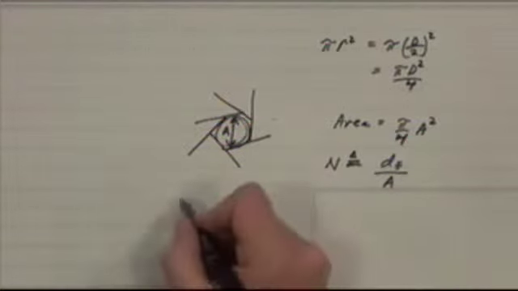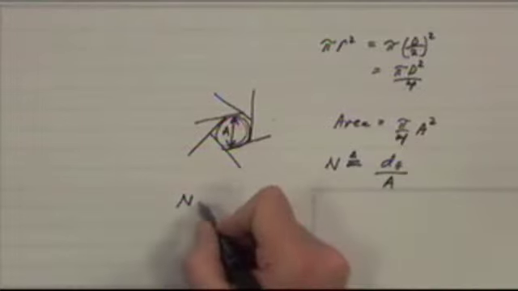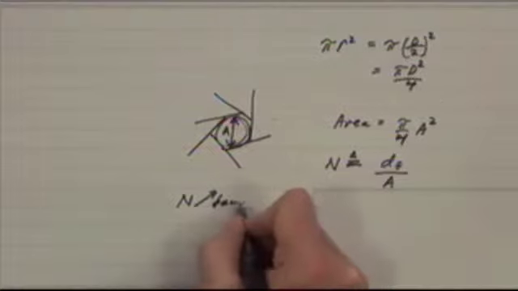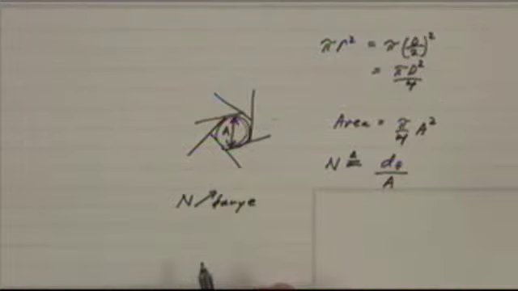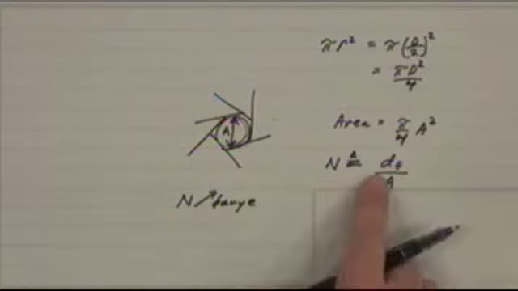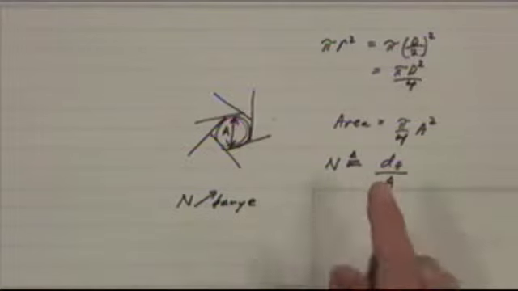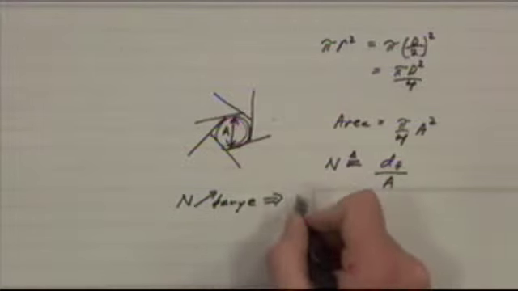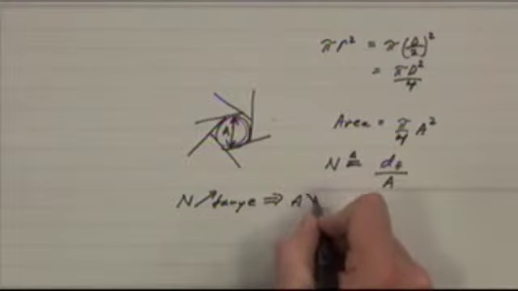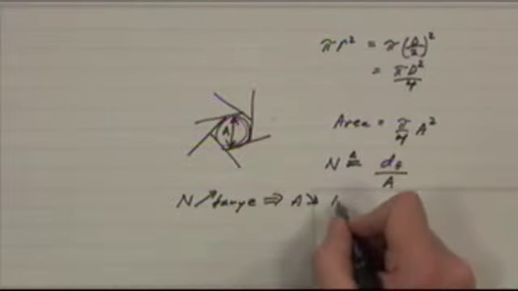And what happens is that if n is large, it means that the aperture has gone down. That means less light.